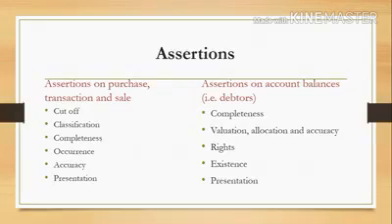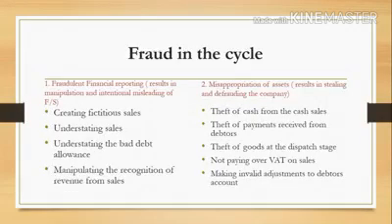Fraud in the cycle. We have fraudulent financial reporting as well as misappropriation of assets. Fraudulent financial reporting results in manipulation and intentional misleading of financial statements by creating fictitious sales, understating the bad debt allowance, manipulating the recognition of revenue from sales.